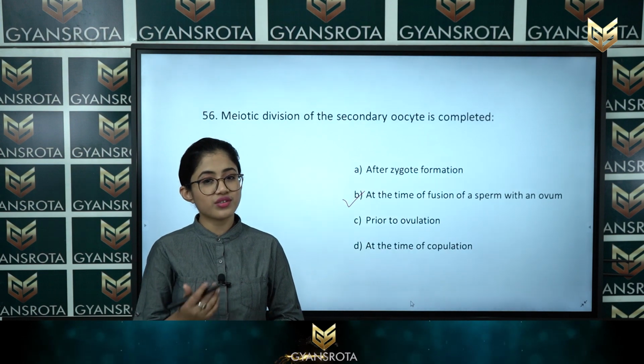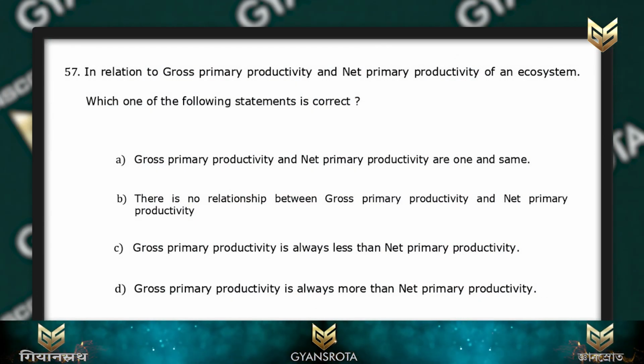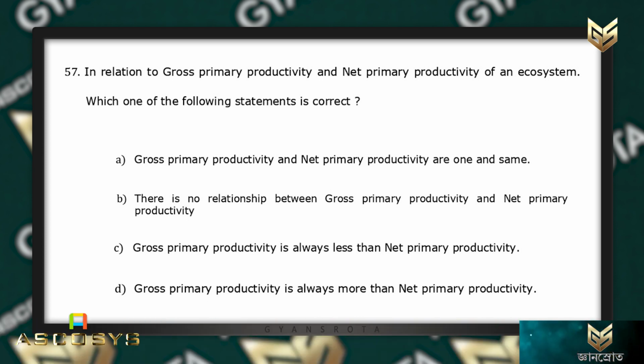Now, let us move on to the next question, that is question number 57. In relation to gross primary productivity and net primary productivity of an ecosystem, which one of the following statements is correct? Option number A, gross primary productivity and net primary productivity are one and the same.